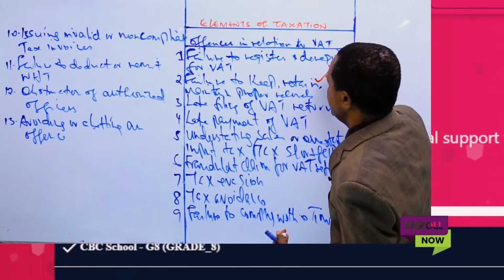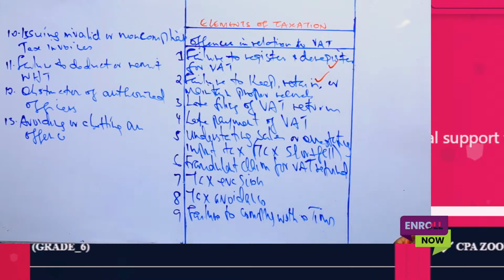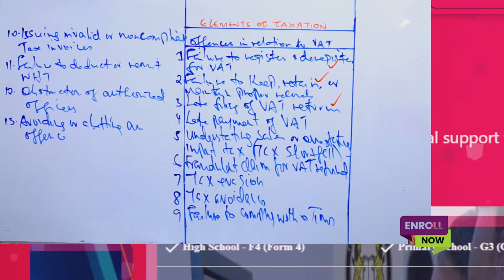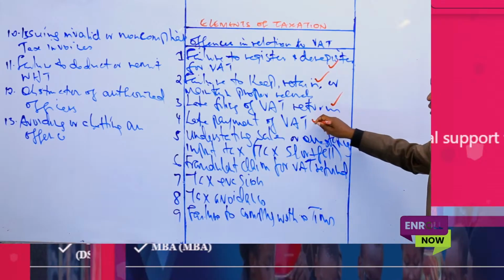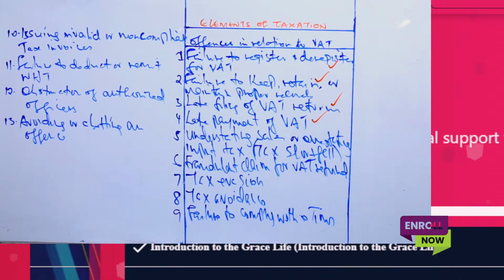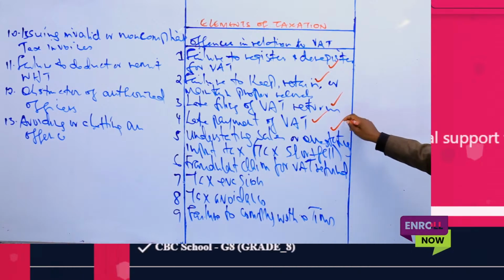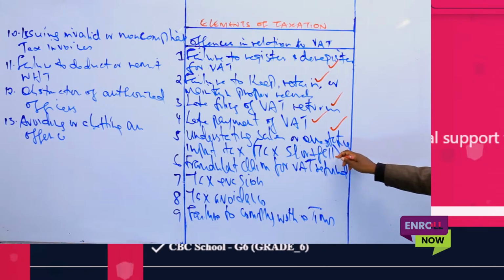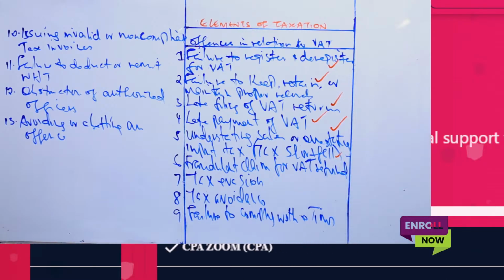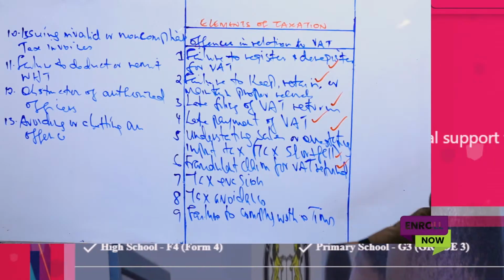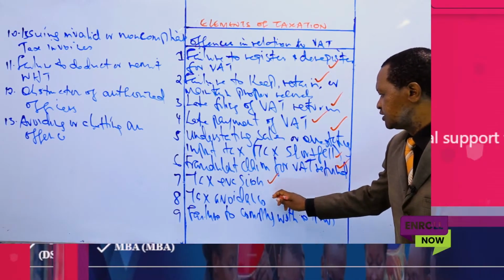Number 2, failure to keep, retain, or maintain proper records. 3, late filing of VAT returns. 4, late payment of VAT. 5, understating sales or overstating input tax, which leads to a tax shortfall. Number 6, fraudulent claiming for VAT refunds. 7, tax evasion. 8, tax avoidance.